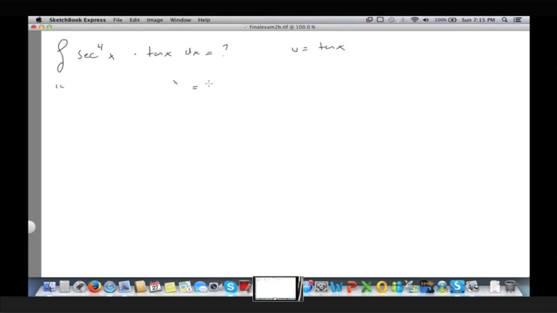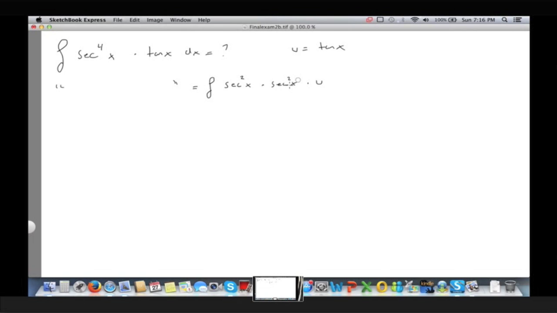So we can rewrite this as... Okay, that's a good idea. That's a good thought. The problem is, if we use this approach, we're only going to be able to get rid of one of the secant squared x terms.